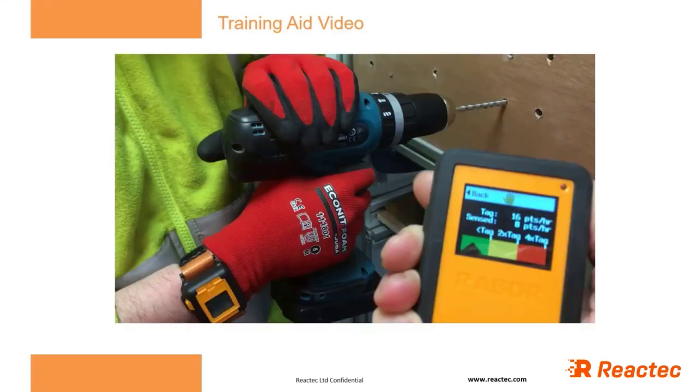Now I'm about to play a video of the RASOR training aid being used in real use. It's a somewhat contrived example in that we have a tool which has been set for a hammer mode.